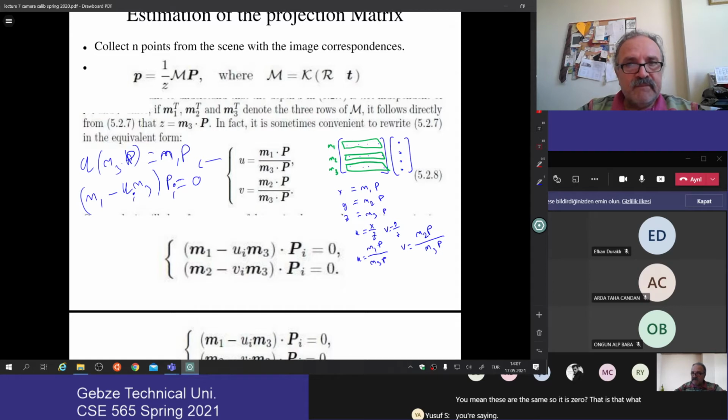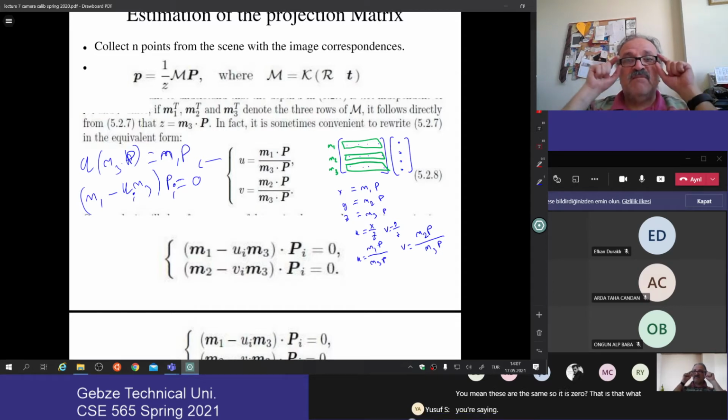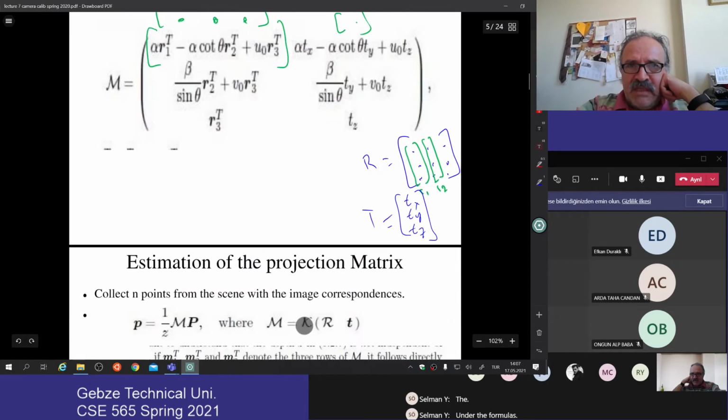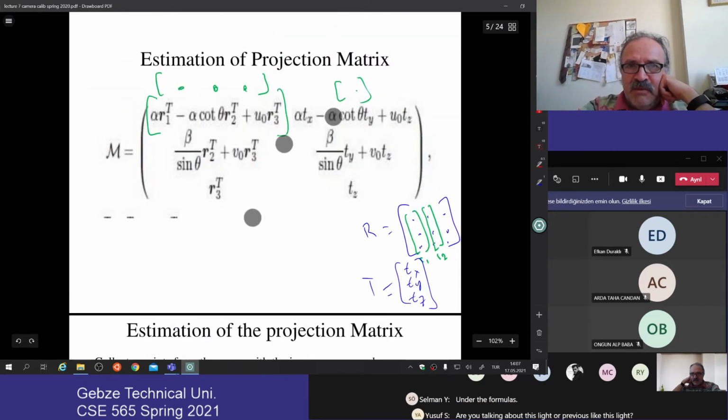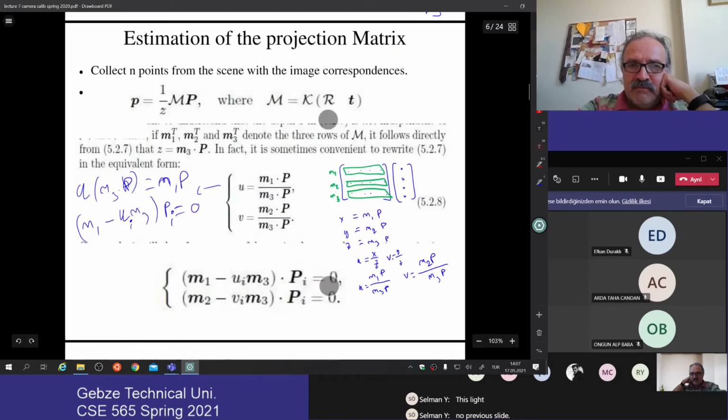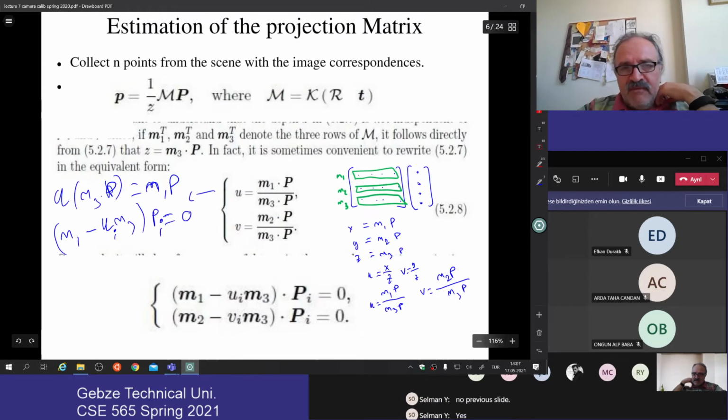So there's this sentence, if M1T and M2T and M3T denote 3 rows, under the formulas. Are you talking about this slide or the previous one? No, the previous one.